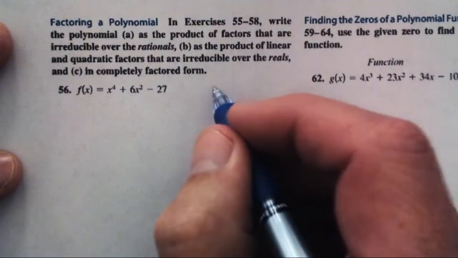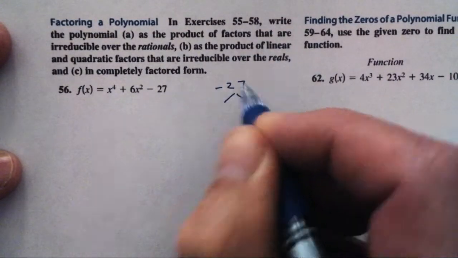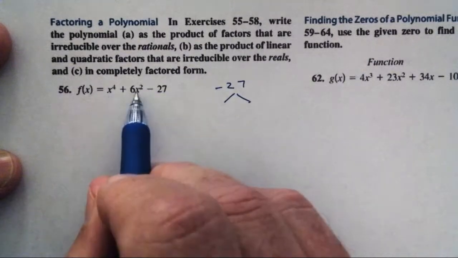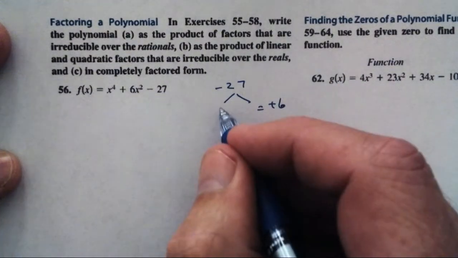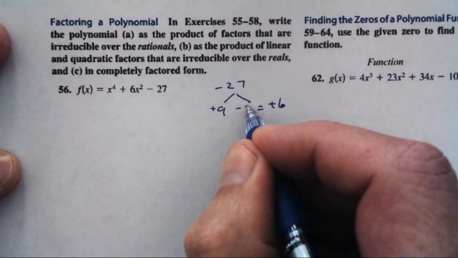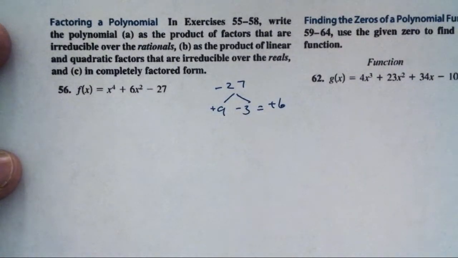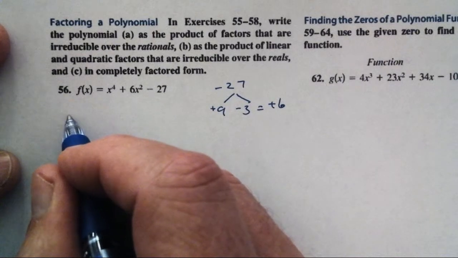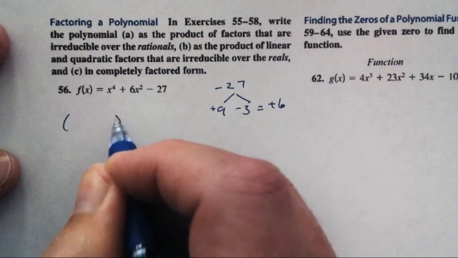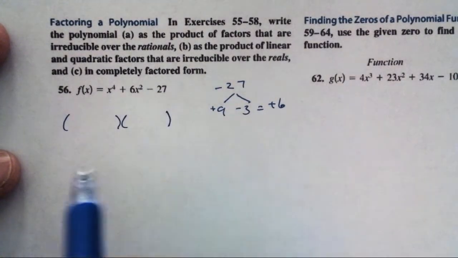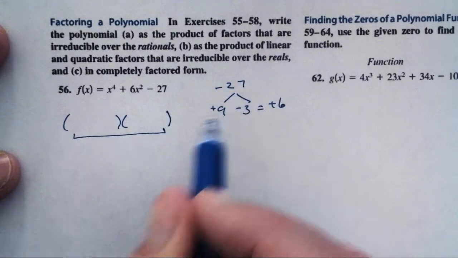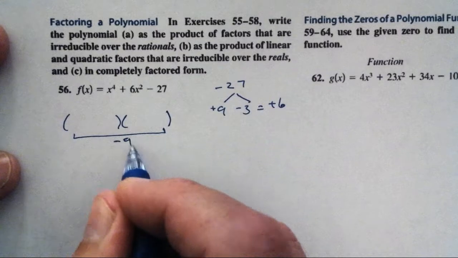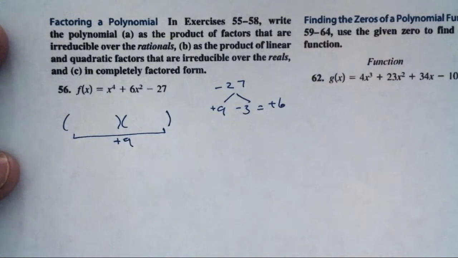So I'm looking for factors of -27, because this is quadratic on x squared, that would add up to be +6. Well, +9 and -3 get the work done. So if I was to factor this thing, I'm going to make my outside product be the bigger of those two things. Could be the smaller as well, but I'm going to go with the +9.